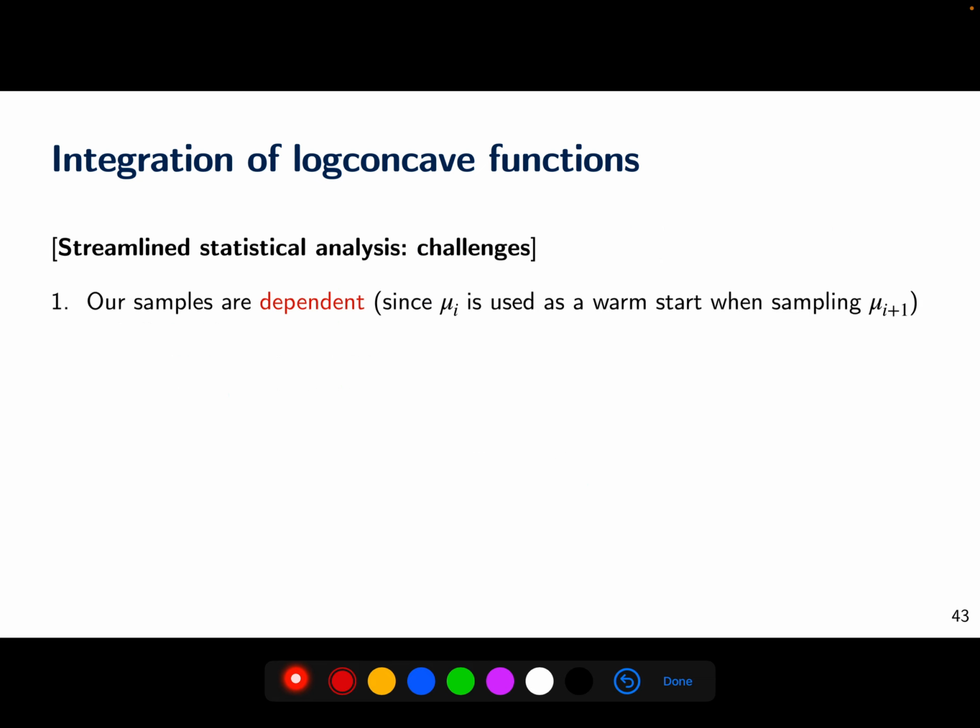However, as you are already aware, our samples are actually dependent, because when mu i plus 1 is sampled through a proximal sampler, we use mu i, the previous sample xi, as a warm start. And so our estimator is not really unbiased, in fact it is biased.